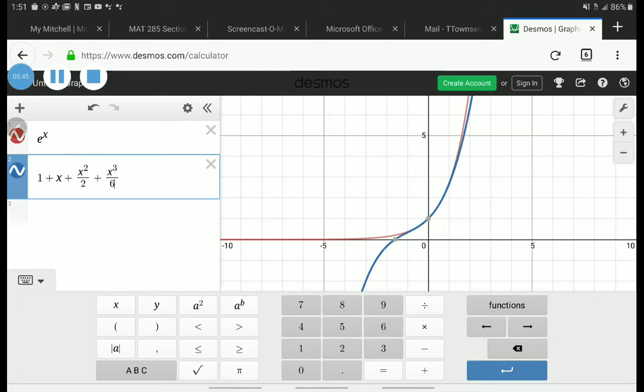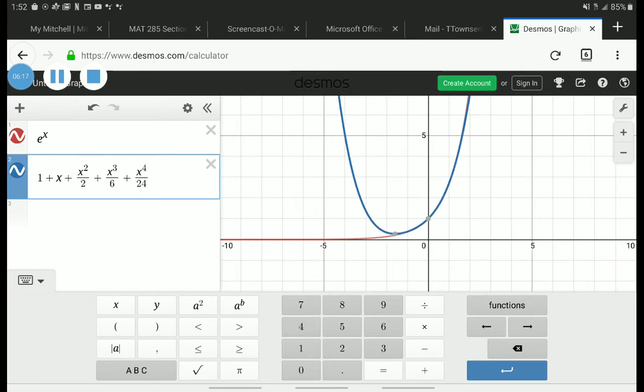So you can see how this is becoming a better fit for that exponential function. And if we were to add another one, I'm just going to add one just for fun, even though we only came up with 4 on the other sheet. Our next one would be x to the 4th divided by 4 factorial, which would be 24.